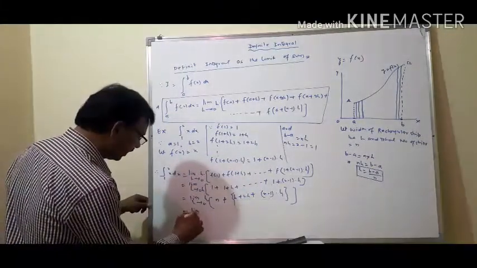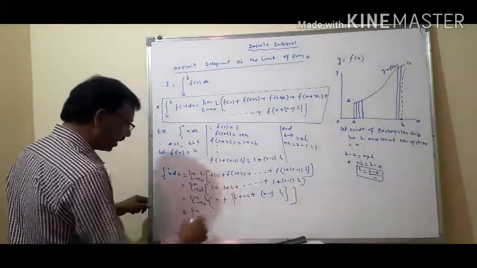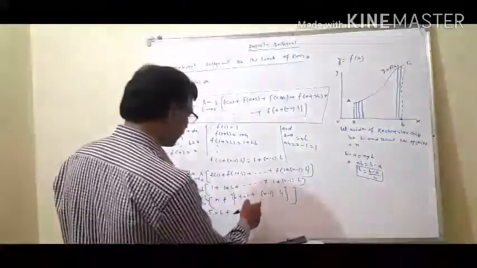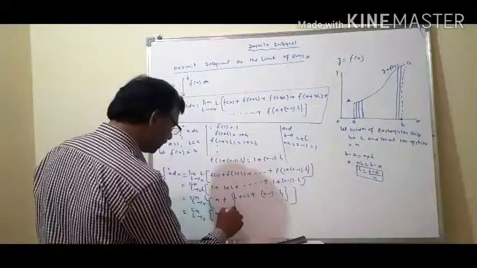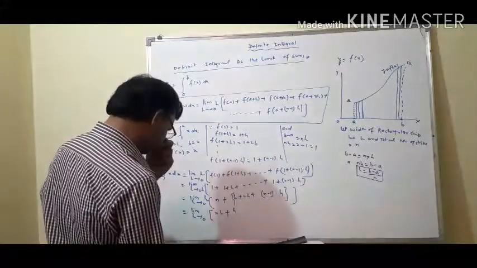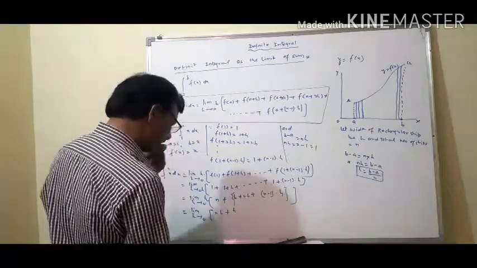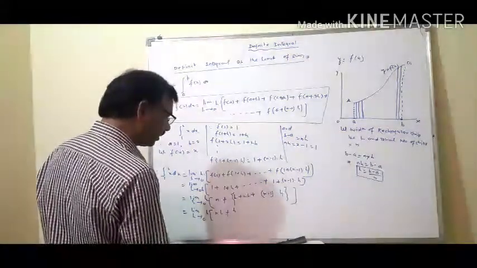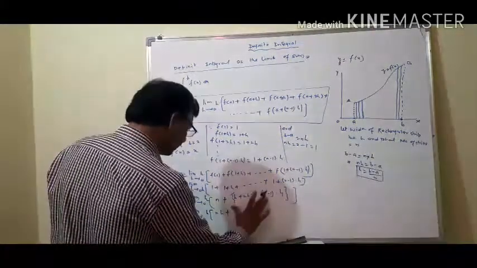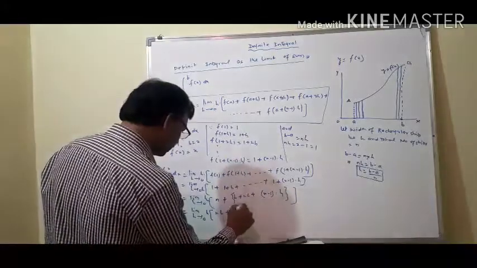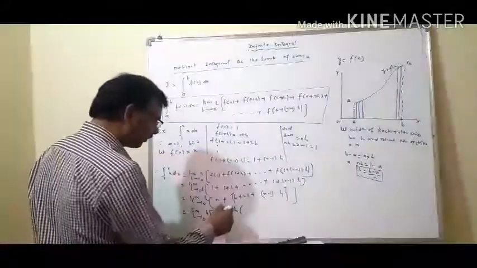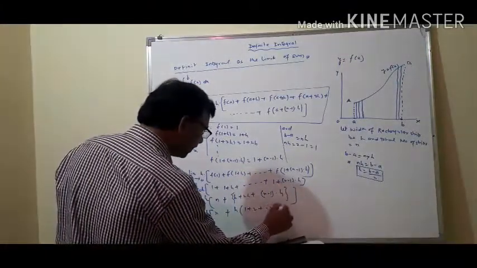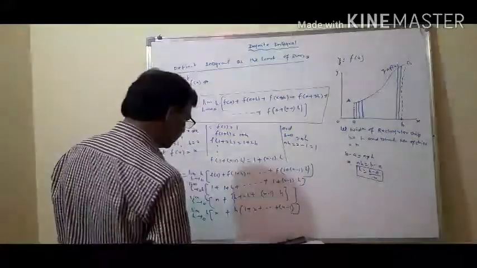Now I write here, limit h tends to 0 of nh plus, taking h common, h into 1 plus 2 plus and so on, plus n minus 1.